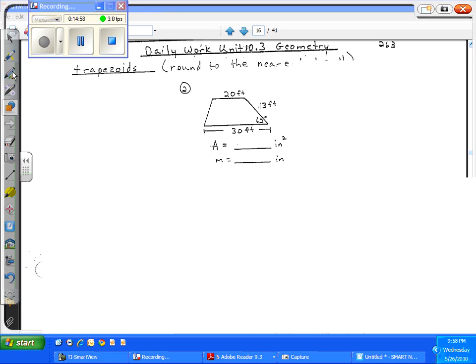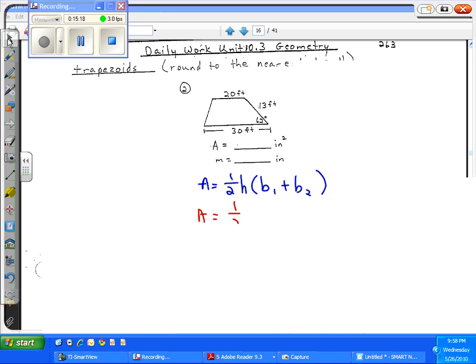It said round to the nearest tenth up there. So we're going to find the area. The formula for area of a trapezoid is 1/2 times the height times the sum of the bases.